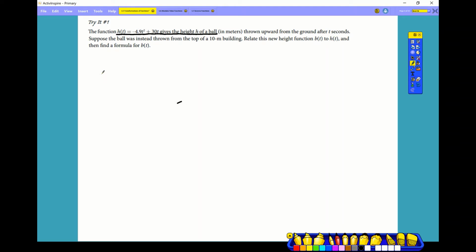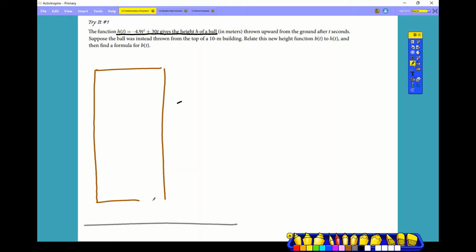All right, so let's draw our building. So we have this building, right? There's the building. We've got like a sidewalk, some stairs, whatever. Some lovely bushes.